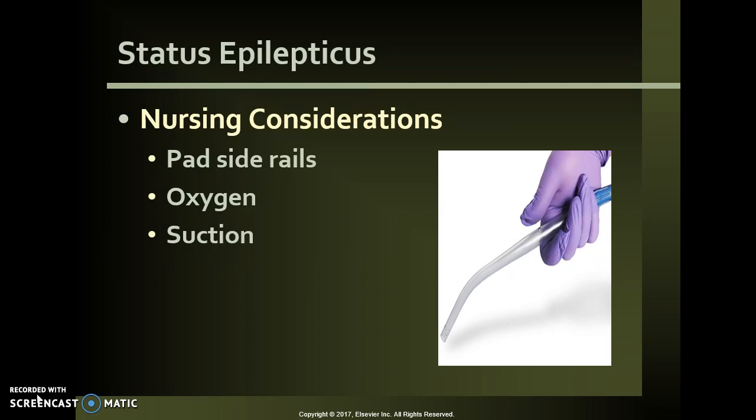This may be just wrapping blankets around the rails and taping them, or your facility may have special pads that are applied. We'll want to make sure, of course, there's going to be oxygen in the room. It's already on the wall of every room in the hospital, but make sure that the nasal tubing is in there. And then have suction available. We're not going to be suctioning during a seizure, but after the seizure, we may need to suction.